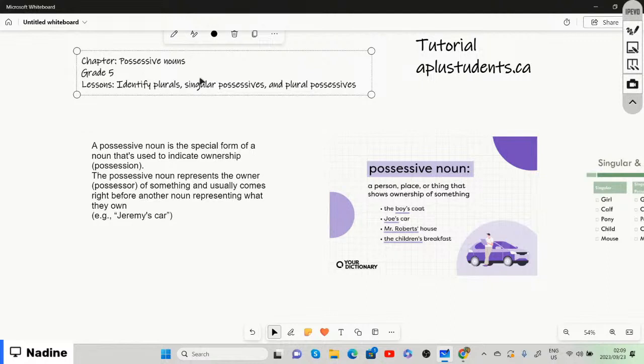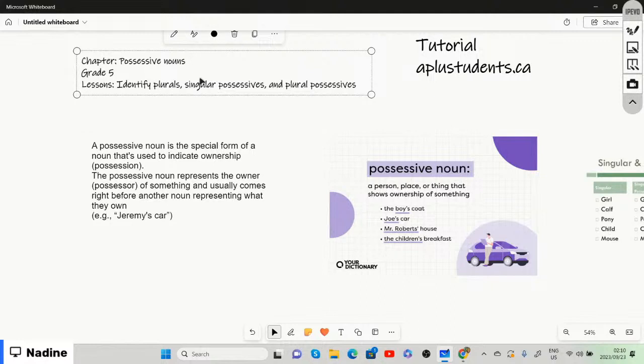It is Nadine's car, meaning it belongs to Nadine. It is Jane's pencil, which means that it belongs to Jane. So it is showing possession, as well as ownership, because it belongs to someone or something.